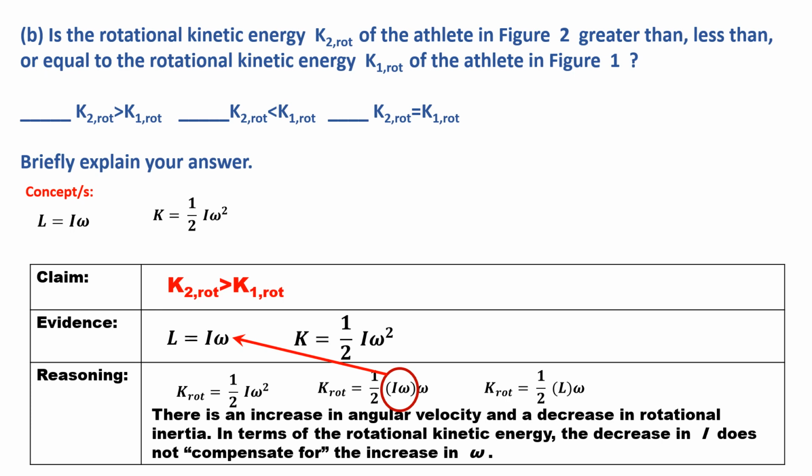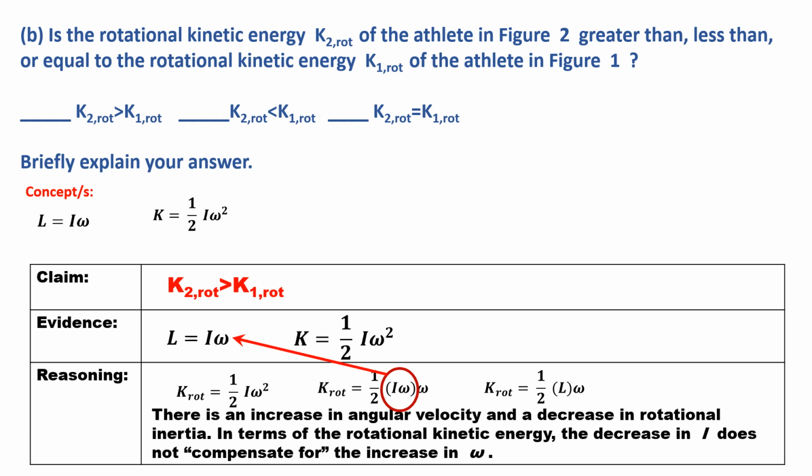But when you extend your arms, you increase the value of inertia. However, what happens with our velocity? Since the rotational inertia increases, and we have to maintain the value of our angular momentum, we have to decrease our angular velocity.